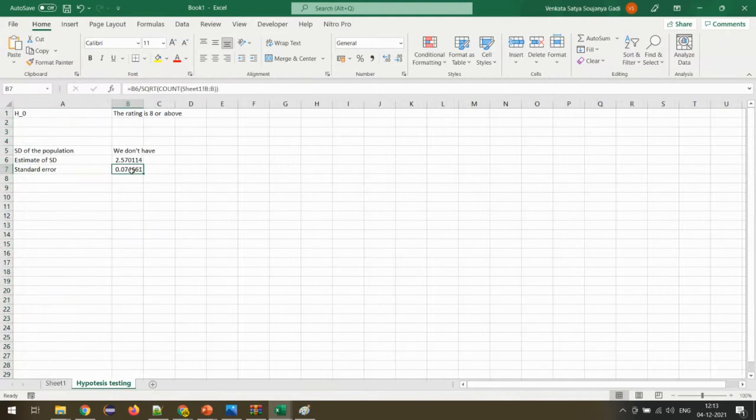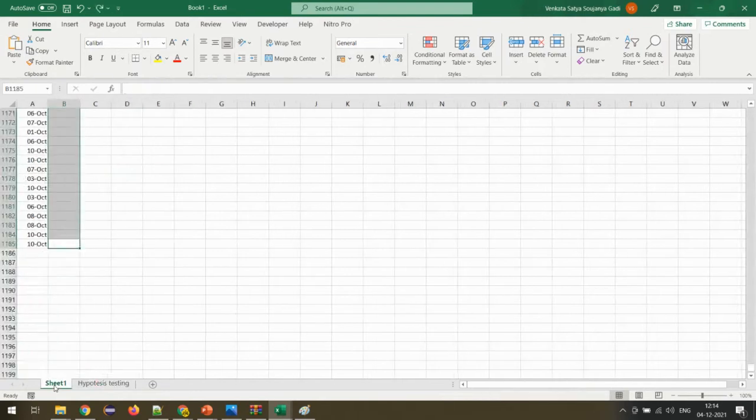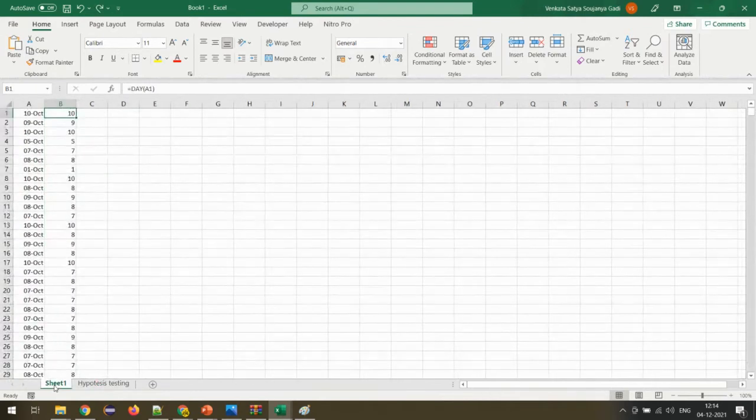So the standard error is very small, which is very good in real-life conditions. But for explanation purposes, I want it to be a little bigger, so I will take only 50 samples.